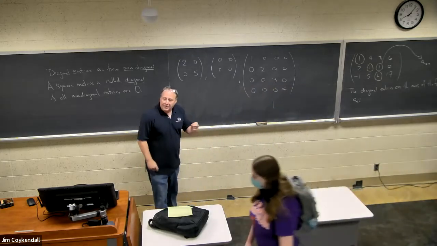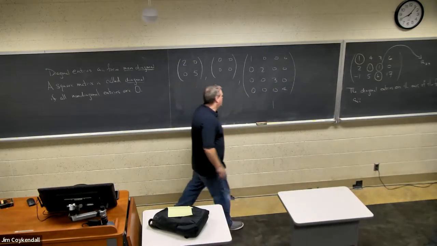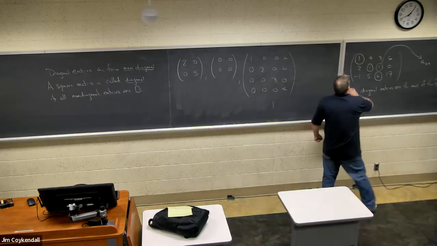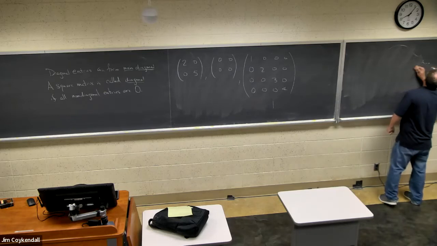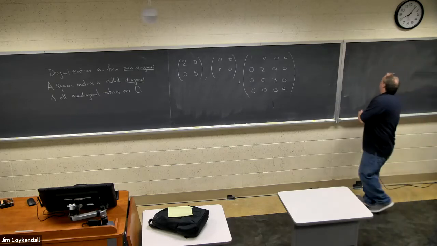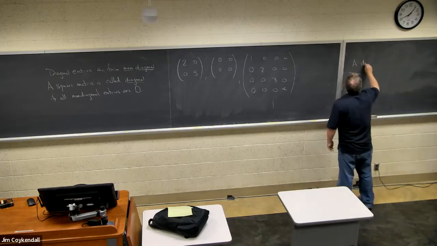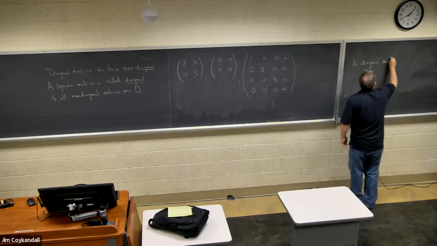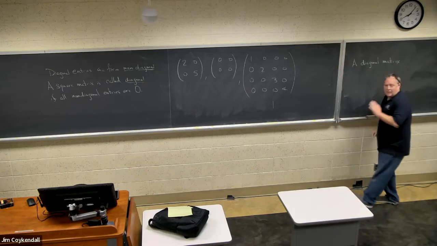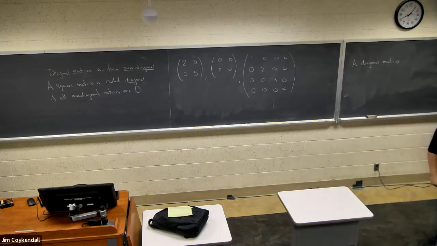However, I'll give you one more that you look at and say here is a diagonal matrix. By the way, when I say diagonal matrix, I've already told you one thing, it's square as well as being diagonal.